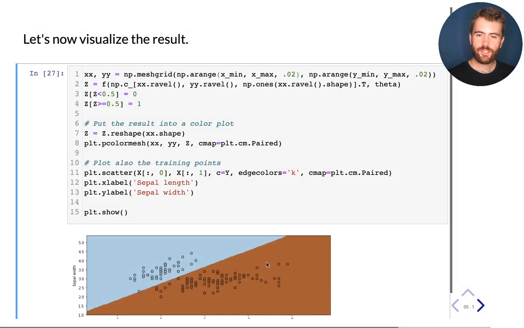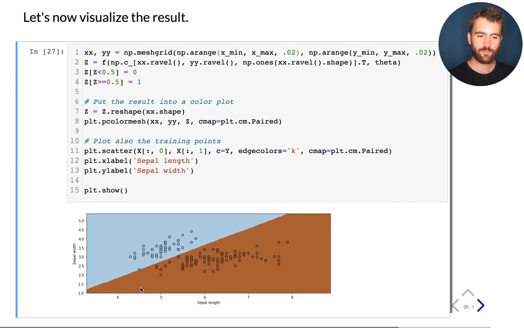Now in this figure, I'm visualizing the output that was found by logistic regression, and it is simply the line that you see here between the blue and the brown regions. So logistic regression has found this linear decision boundary between the two classes, and we are assigning the points in this area as being of one class, and blue is the other class.